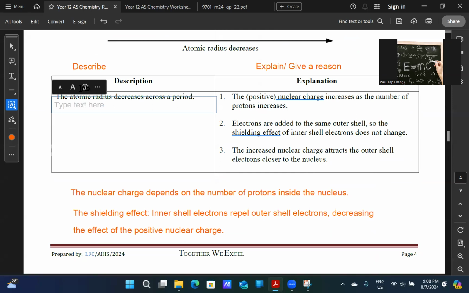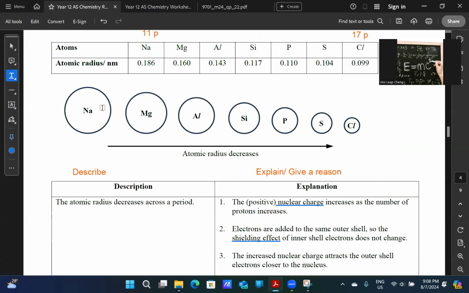Why does the atomic size decrease across a period? Number two, okay, from sodium to chlorine, all these elements are found in period 3.